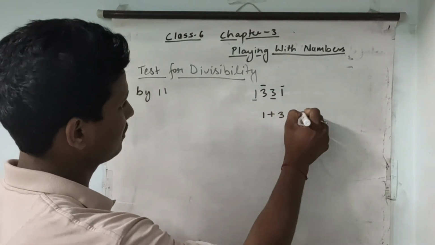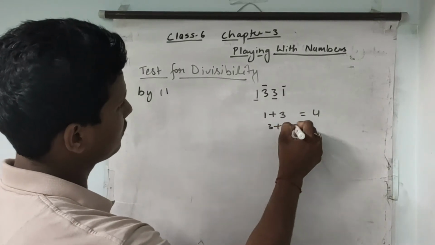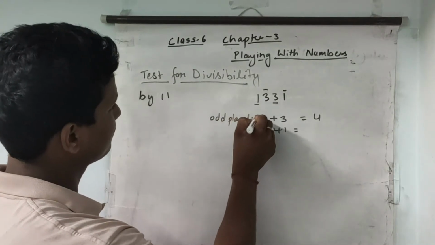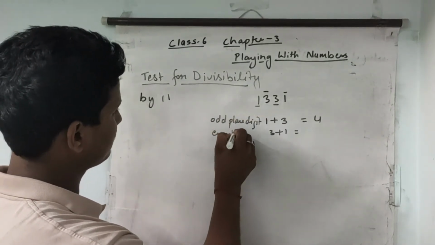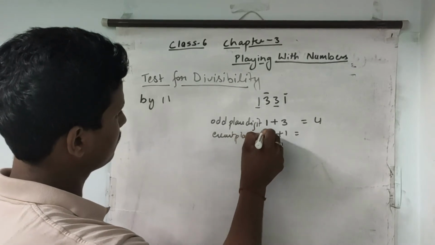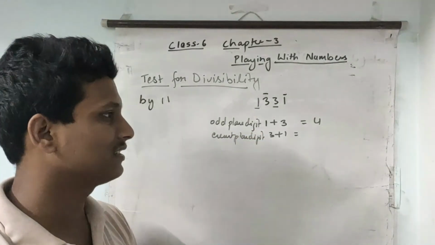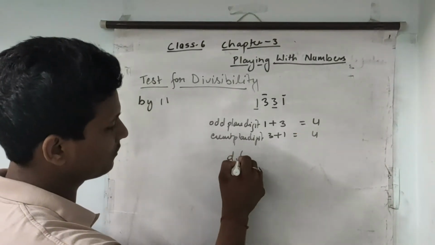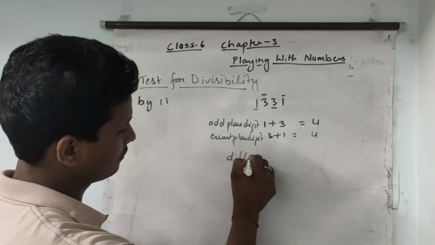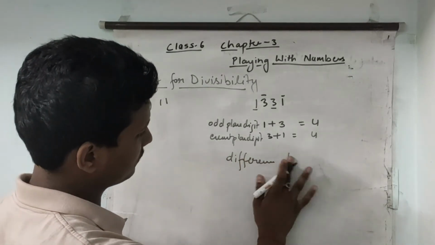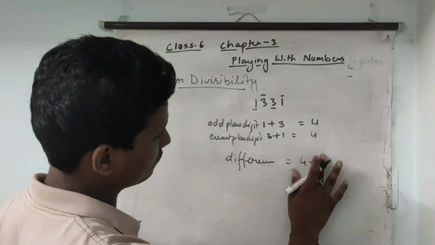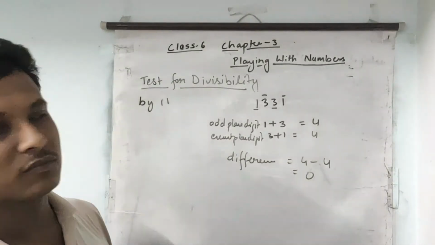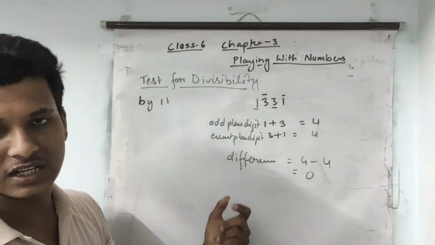So 1 plus 3 is 4, and 3 plus 1 is 4. So we take the sum of odd place digits and the sum of even place digits, and then the difference of these two sums, that is 4 minus 4, that is 0, and 0 is divisible by any number. So 0 is also divisible by 11, that goes 0 times.